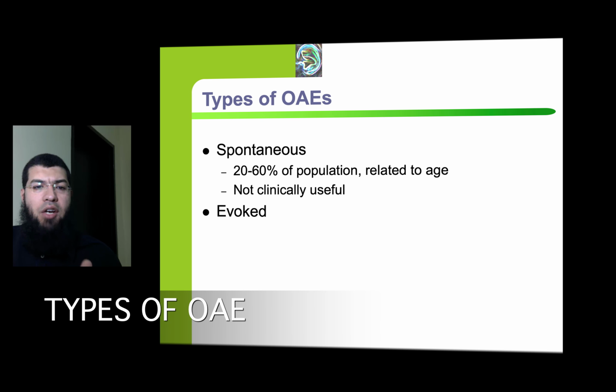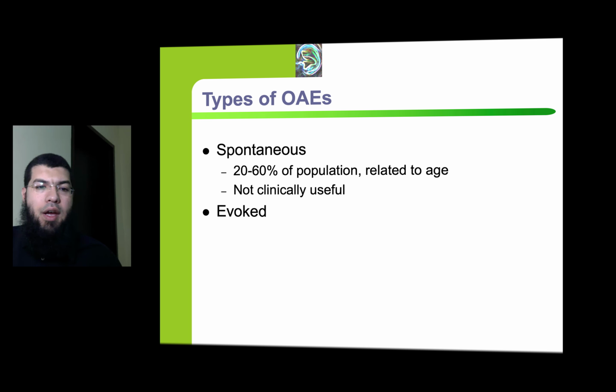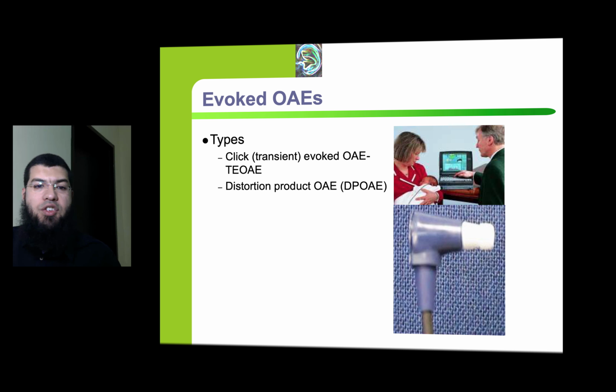We have two main groups of otoacoustic emission: spontaneous, which has no clinical significance, and evoked. The evoked otoacoustic emissions have two main types: the transient otoacoustic emission using click stimulation, and the distortion product otoacoustic emission using two pure tones.